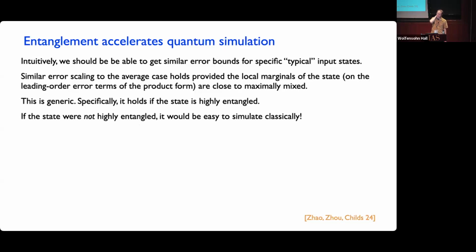And in fact, if the state were not highly entangled, it would be easy to simulate on a classical computer. We can simulate weakly entangled systems well on classical computers. So exactly in the case where we want to be using the quantum computer anyway, we should have the kind of states for which we actually get these better error bounds. And so this is nice.